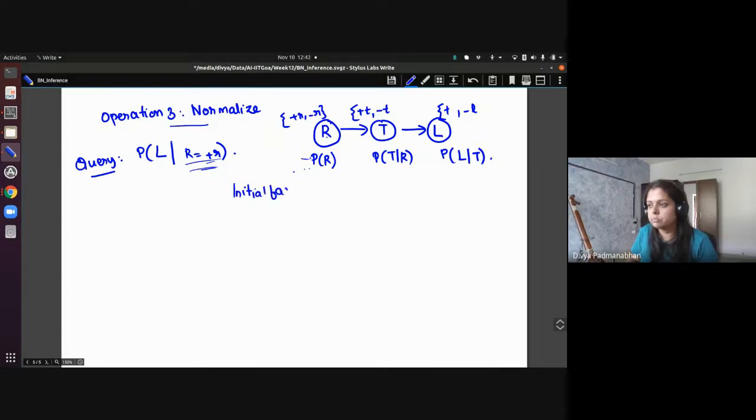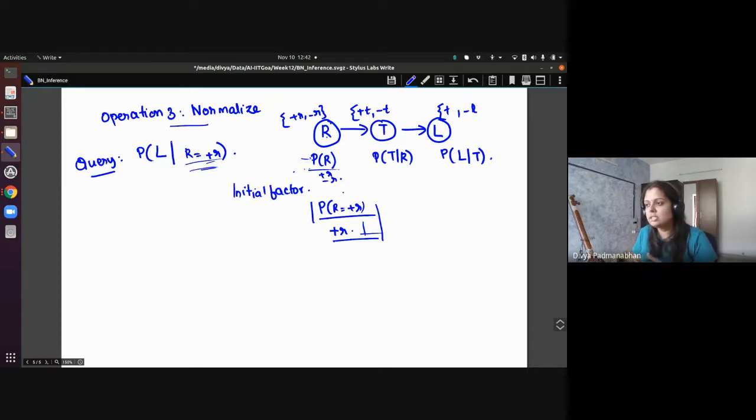You don't look at the entire table. P of R has a plus R and a minus R, and you just keep P of plus R. So P of R equal to plus R, you keep this as a factor, a particular instantiation. It doesn't sum to 1. This table will not sum to 1. It will have plus R and this probability, whatever the value is. This will not sum to 1, but it is also a factor.